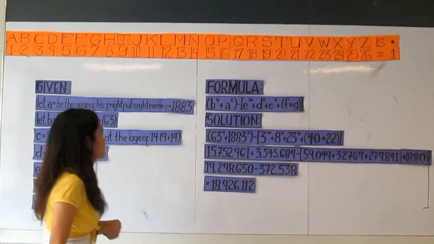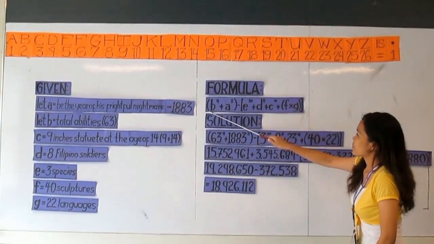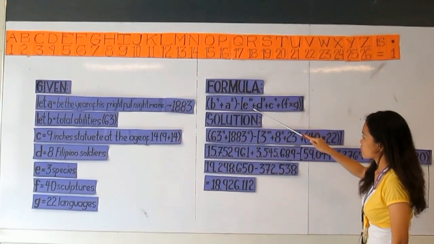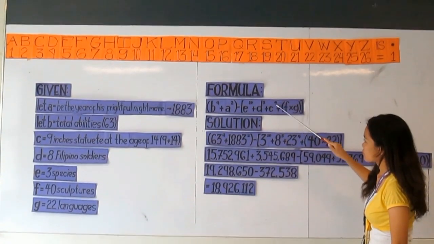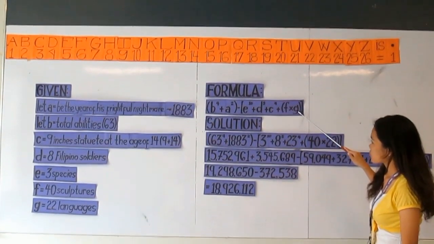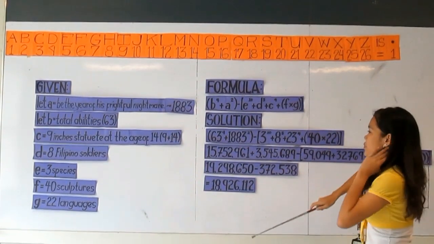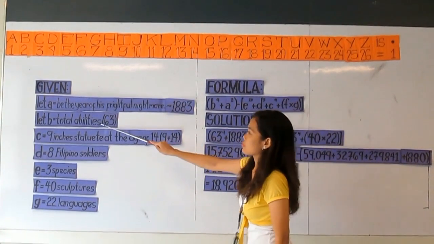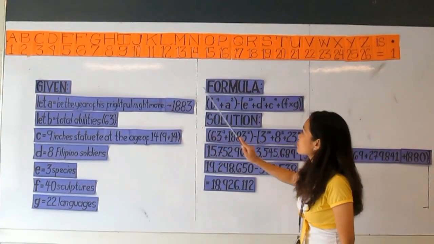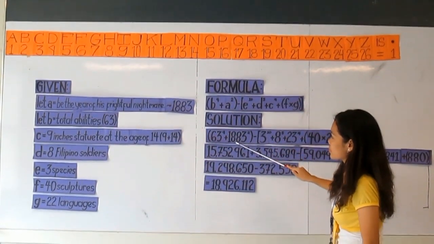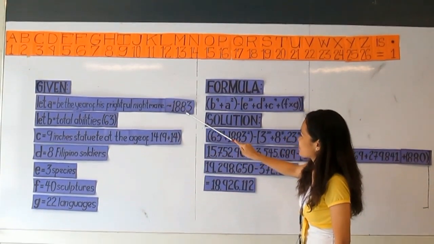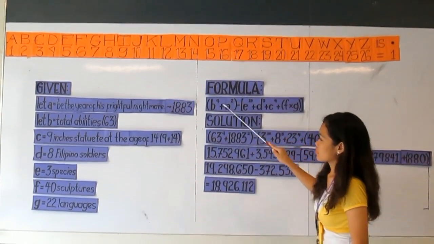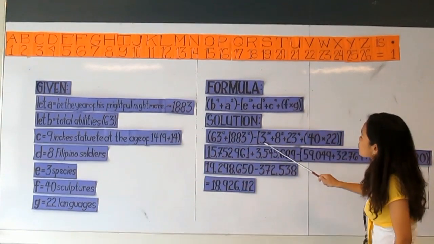So our formula is B raised to 4 plus A cubed minus E raised to 10 plus D raised to 5 plus C raised to 4 plus F times G. So we're going to substitute each letter. For B, which is total ability, we have 63 raised to 4. For A, we have 1,883 cubed, minus E, which is 3 species, so we have 3 raised to 10.